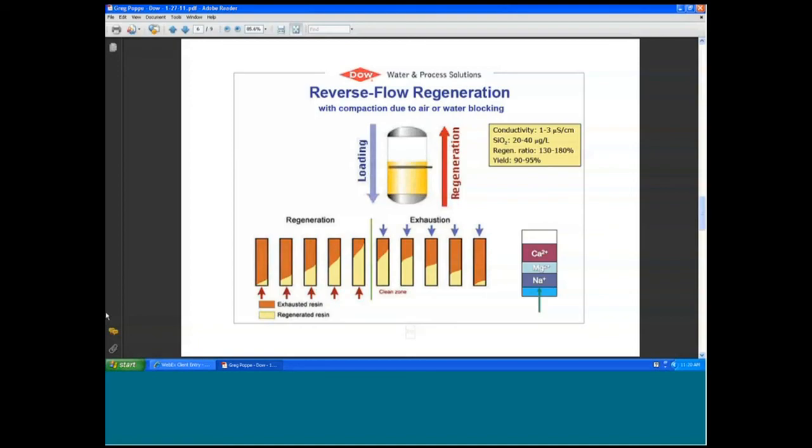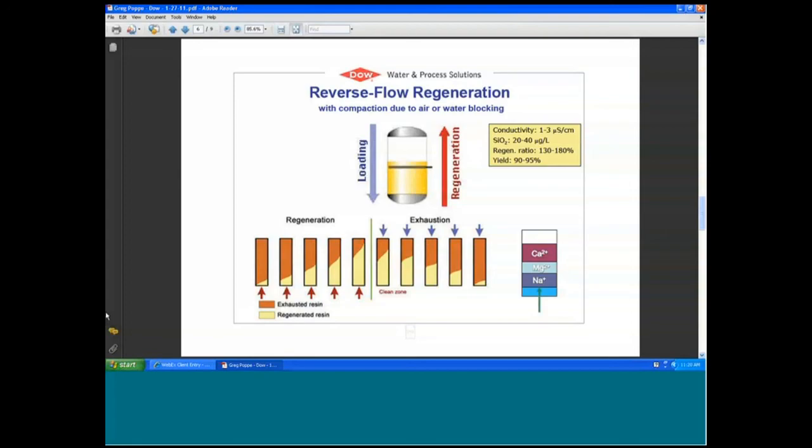Also, it's very important that the bed remain in the layered state that it is at the end of the service cycle, with sodium at the bottom and calcium at the top. And so in order to preserve that, there is either a water block or an air block that comes down through the bottom or through the top of the vessel, which essentially holds the bed down as the regenerant chemicals flow up. And so there's some additional valving and control involved with that.